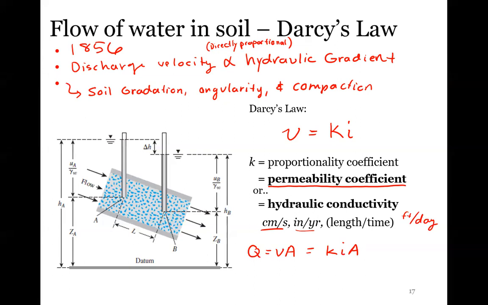If we have that, then we can mathematically estimate the amount of water flowing out of a soil condition, because it is equal to the permeability coefficient times the hydraulic gradient, the energy applied to our soil, and then times A, the cross-sectional area.